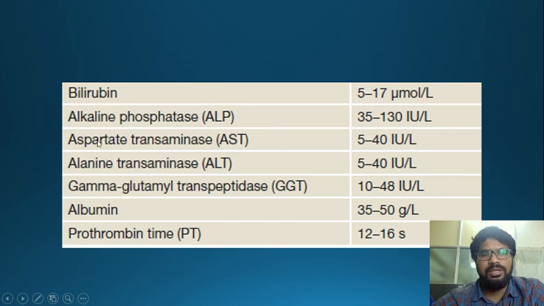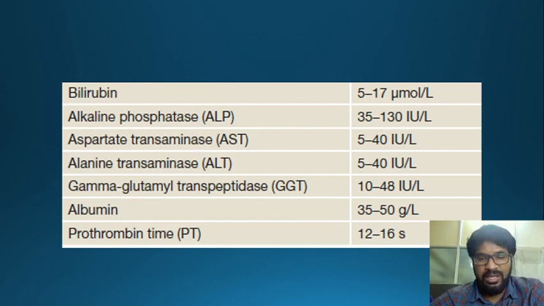Whenever there is some injury to the hepatocytes due to many causes, there is a rise of aspartate transaminase and alanine transaminase. The gamma glutamyl transpeptidase is also increased whenever there is hepatocellular injury, but especially when there is alcohol induced damage.